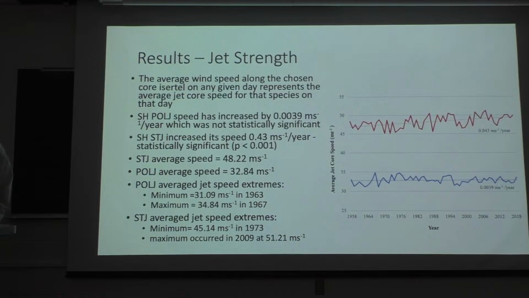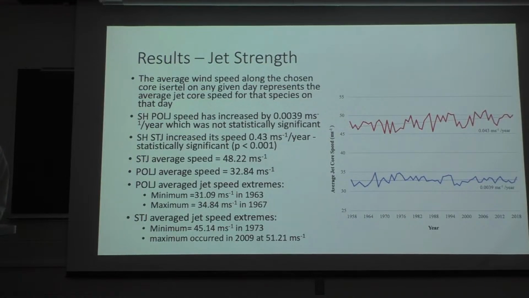The Southern Hemisphere polar jet speed has increased by 0.0039 meters per second per year, which is not statistically significant. And the Southern subtropical jet has increased 0.43 meters per second per year, and that is statistically significant. The average speed for the subtropical jet is about 48 meters per second, and the polar jet is about 33 meters per second.